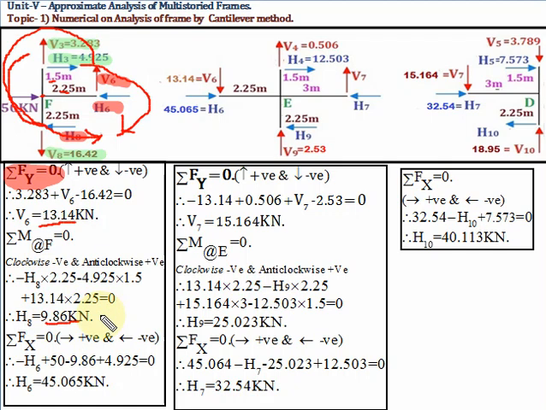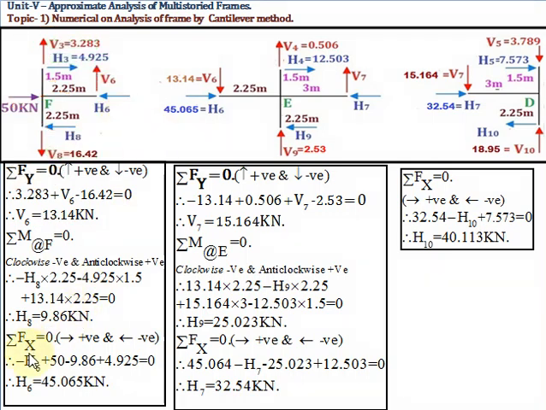Now here there is only one unknown, and that is H6. To find the value of H6, we'll apply the third equilibrium equation, that is summation of horizontal forces in x direction equal to 0. Towards right positive, towards left negative. What are the horizontal forces acting at the joint? In the free body diagram of joint F, 50 kilonewton acting toward the right, positive.